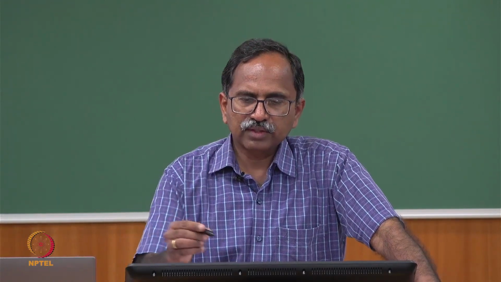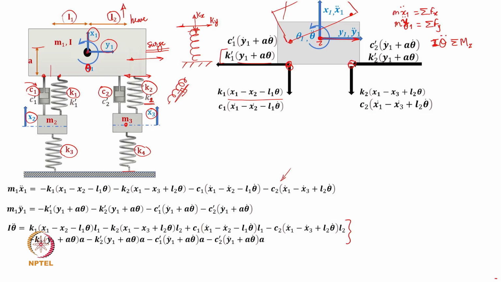Here what we can see is that theta and theta double dot are the angular motion and its second time derivative, with theta double dot counterclockwise. x1 and x1 double dot are the motions of the mass in the vertical direction, and similarly y1 and y1 double dot. So those are the 3 degrees of freedom that we have here.